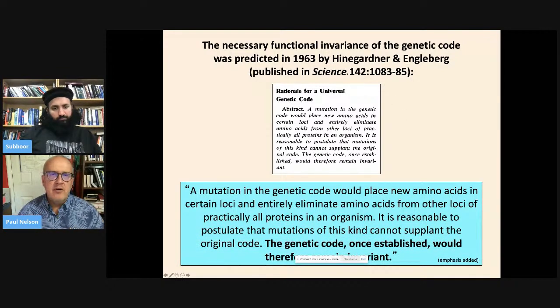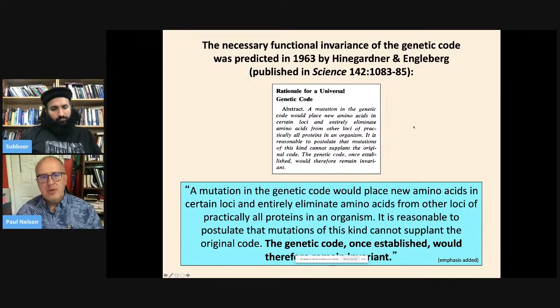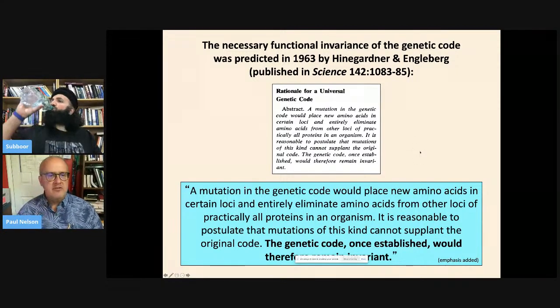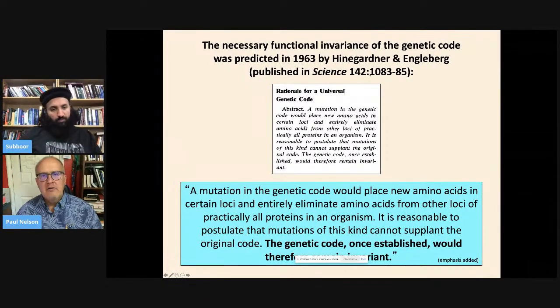So in their paper in 1963, Hinegardner and Engelberg predicted that the code would be universal because it could not vary once it got up and running. As they put it, the genetic code, once established, would therefore remain invariant. A very clear prediction, and I encourage you to look up this paper. It's not terribly long, just a few pages, and it's beautifully reasoned.